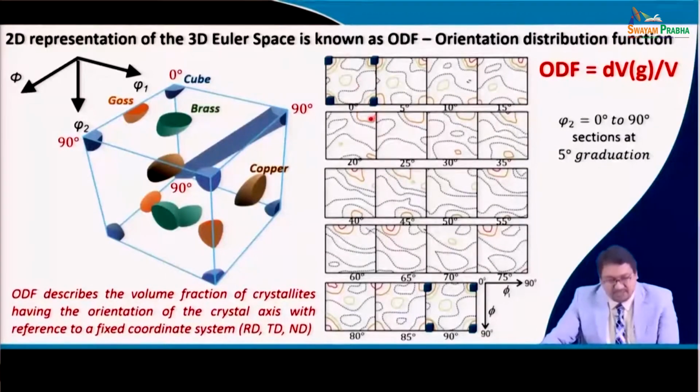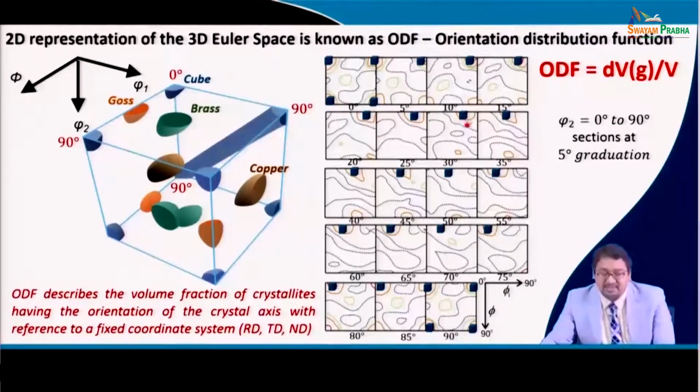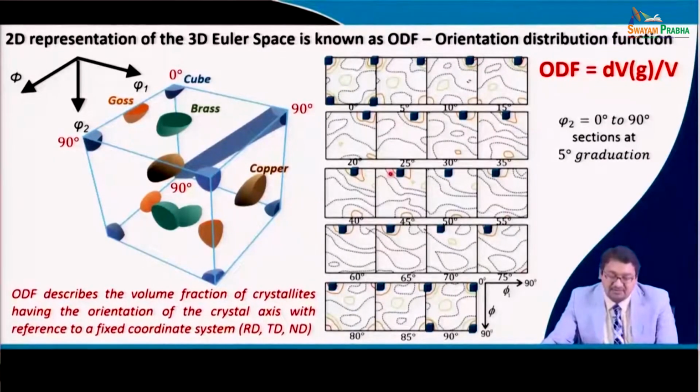Now, you see that as the phi 2 sections increase from phi 2 equal to 5, 10, 15 to 90 degrees, this fiber which forms because of the cube orientation always shows itself as a component with increasing phi 2 at various positions.